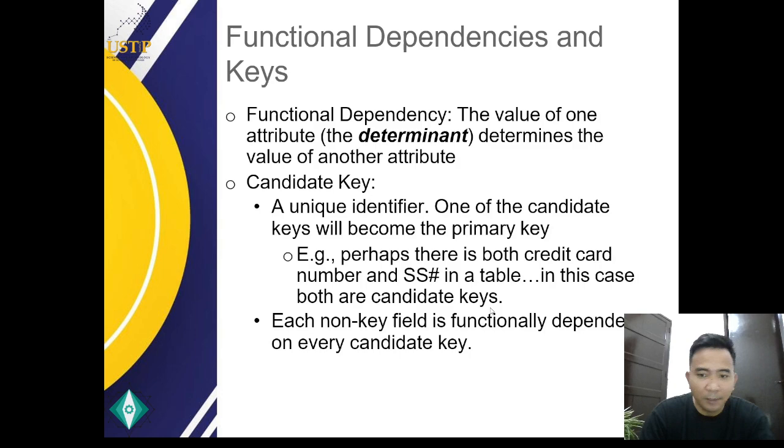And minimality: no proper subset of the candidate key can uniquely identify rows. The primary key is one of the candidate keys chosen as the primary identifier of a row. Example: in a table containing customer information, both customer ID and social security number might be candidate keys. One of these would be chosen as the primary key.